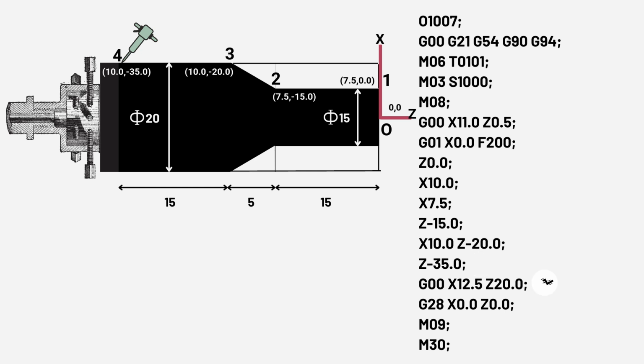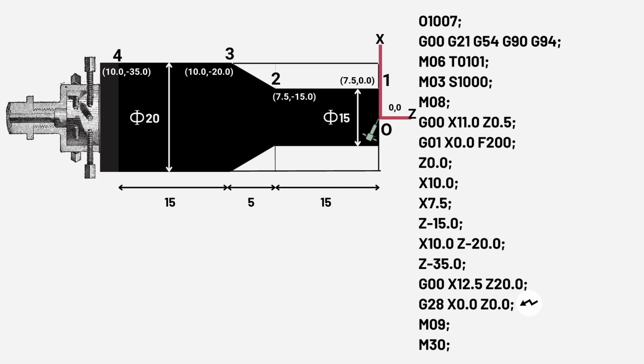Since the machining has been completed, we need to retract the tool via rapid movement and also to get the tool away from the workpiece. So we shall write G00 X12.5 Z20.0. To return to machine 0 position and return all the axes, we will now write G28 code followed by X0.0 and Z0.0.